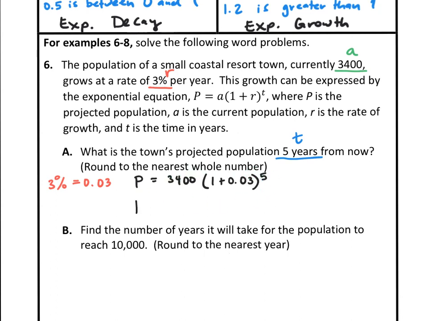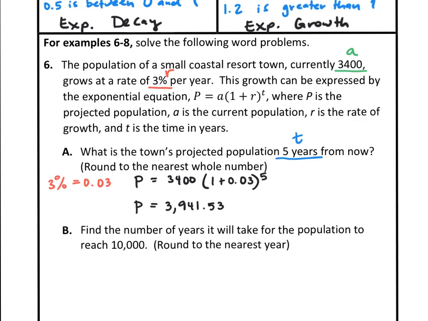So we get P equals, if you plug it into a calculator, you get the following: 3,941.53. And remember, it said round to the nearest whole number. So we have 0.53, so that's definitely over 0.5, right?